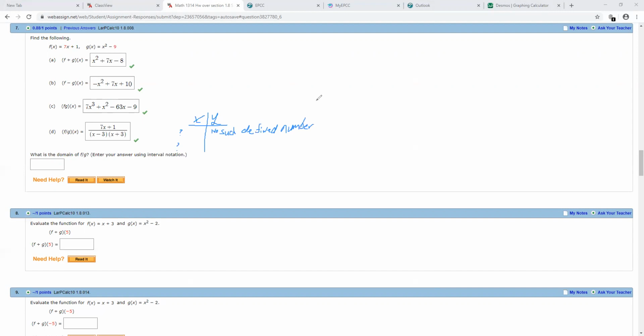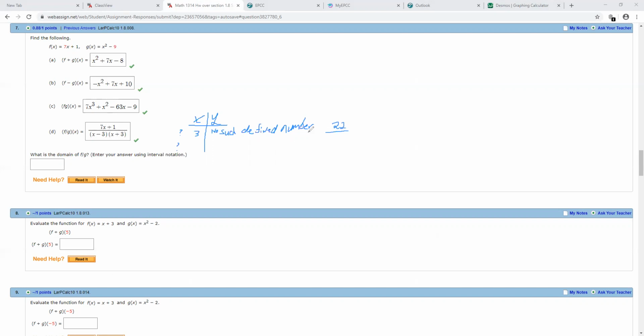Yes, it does. So we're going to say at 3, because right here, 3 minus 3 will be 0. And if you put 3 here, 3 plus 3 is 6. But 6 times 0 will still be 0 on the bottom. And if you put a 3 right here, 7 times 3 is 21, plus 1, you would get 22.